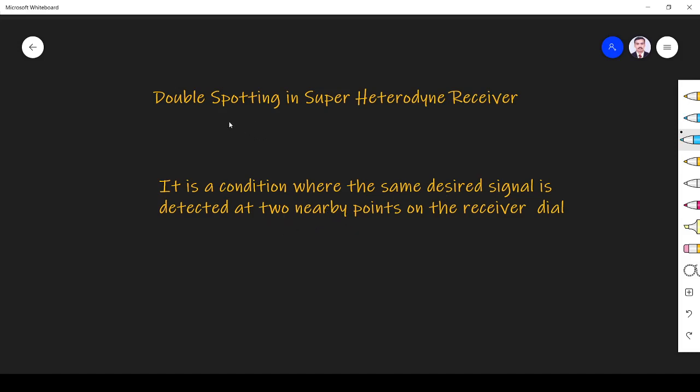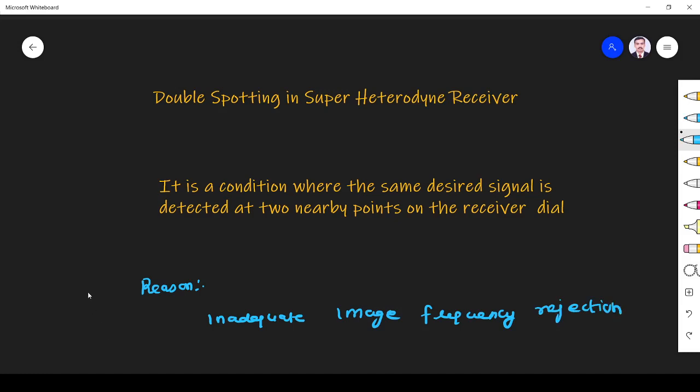That phenomenon is known as double spotting. The reason for double spotting is inadequate image frequency rejection. I have explained what is image frequency in the superheterodyne receiver video, so please refer to that.